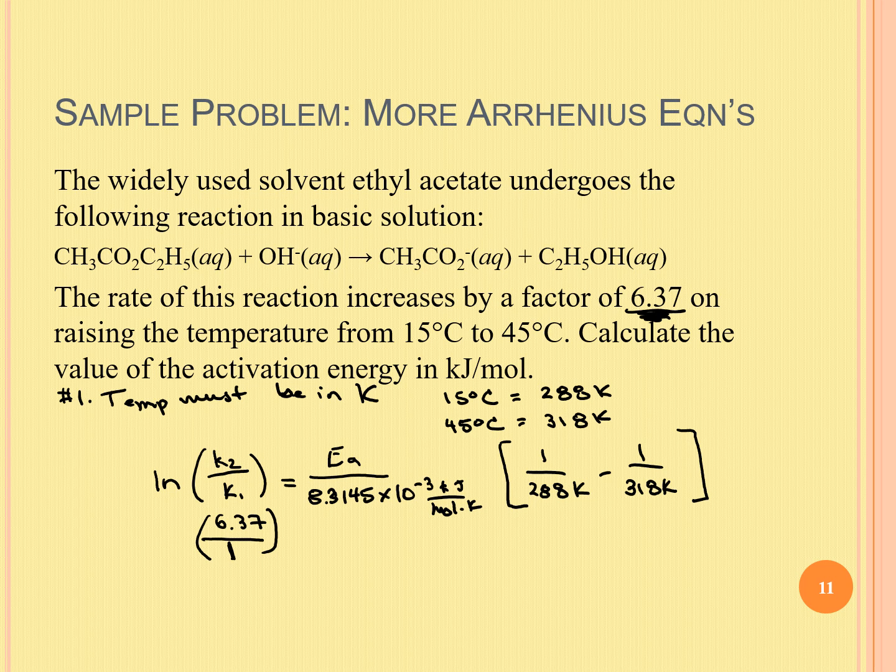Now we've got everything in place to just calculate our activation energy. When we do so, we're going to get that our activation energy is going to be 47 kilojoules. So again, make sure that you can go back and get that same answer.